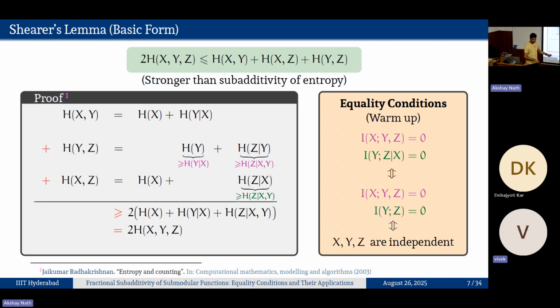I can also work this out. If I write I of x comma y z, let me use this: h of y z minus h of y plus h of z given x.